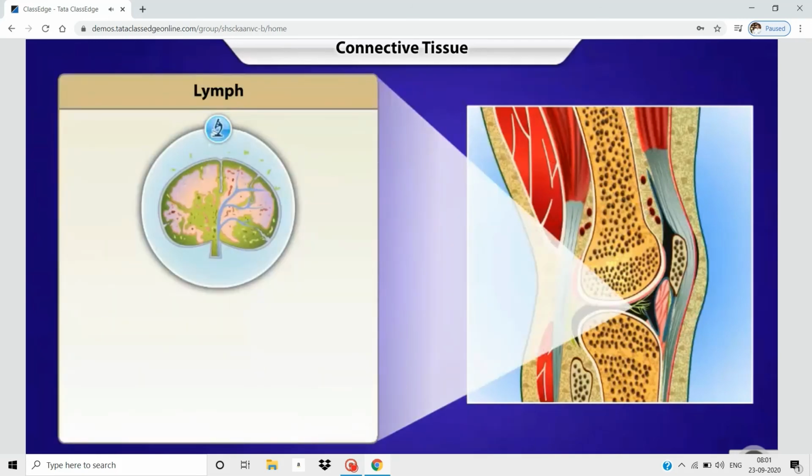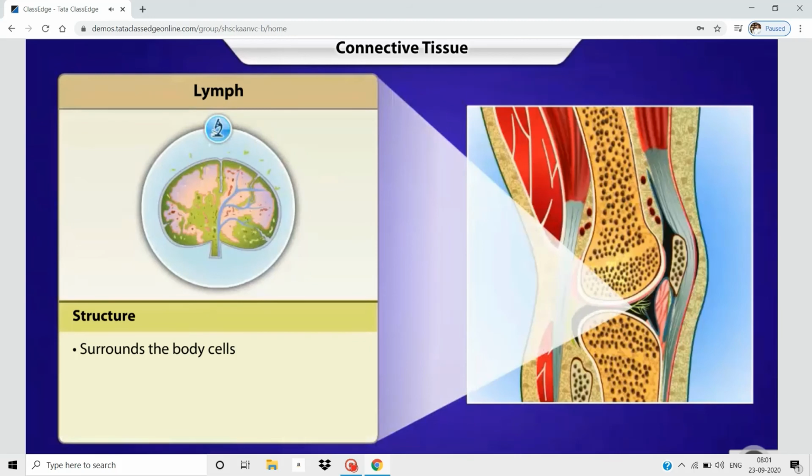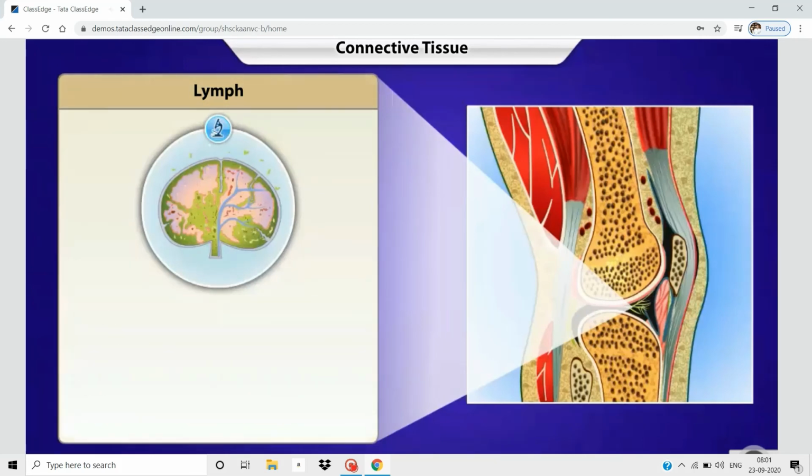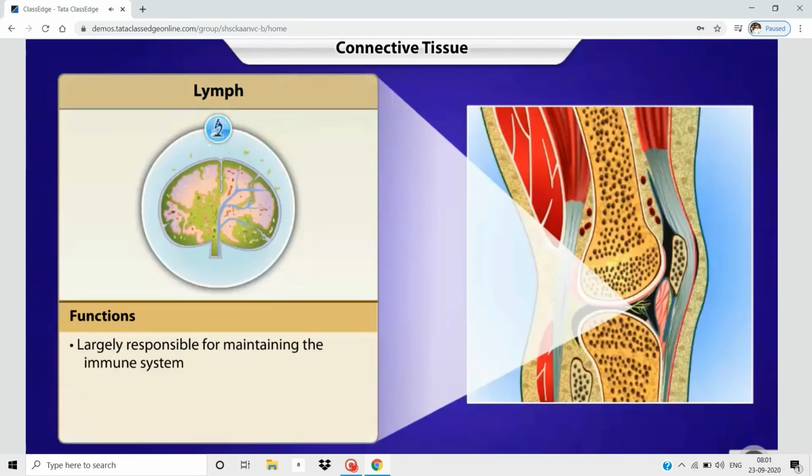Lymph is another fluid connective tissue surrounding the body cells. It contains white blood cells. Lymph is largely responsible for maintaining the immune system.